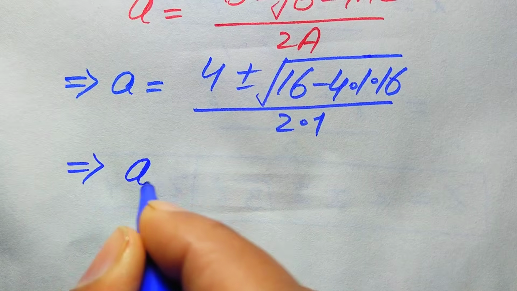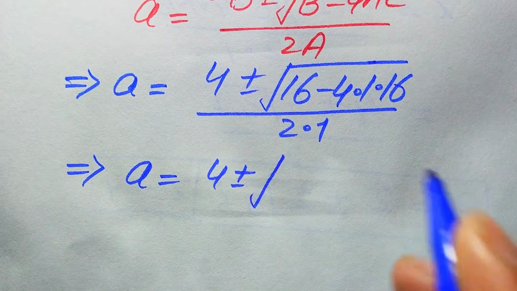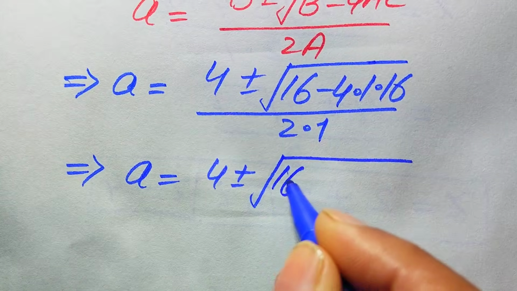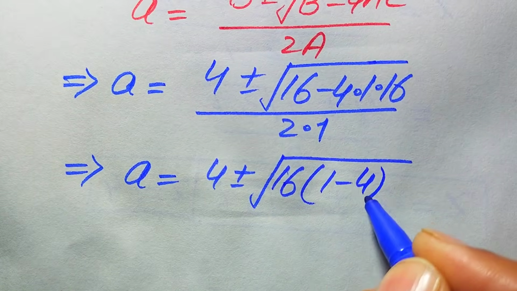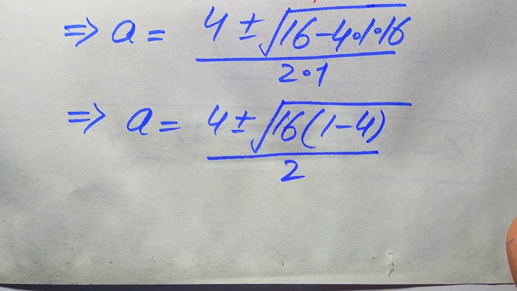Further, in the next step we have a is equal to 4 plus minus square root of, here we need to take 16 common, and we get the remaining values 1 minus 4, and it is divided by 2 times 1 is equal to 2.